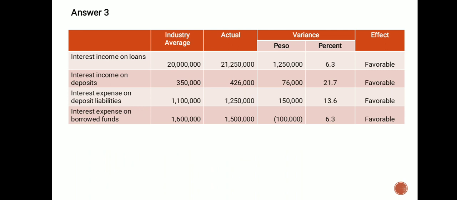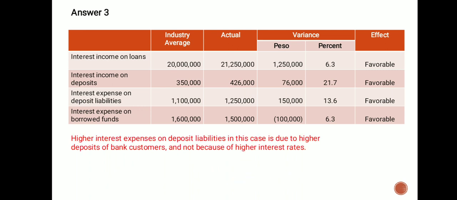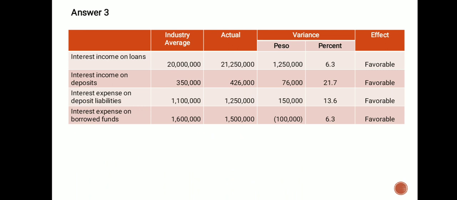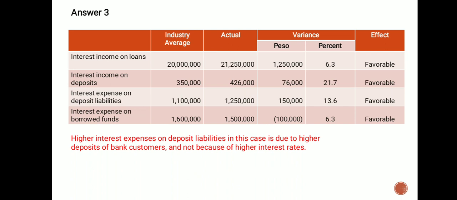So in normal situation, increase in interest expense is unfavorable. However, on the part of the bank, the interest expense arises because of deposits made by bank depositors. So the increase in interest expense here is because the bank received more deposits from customers.